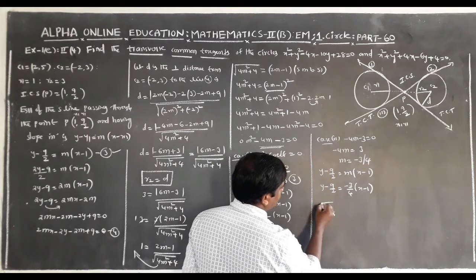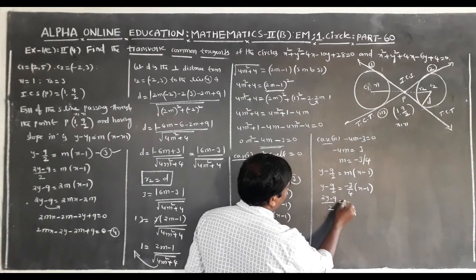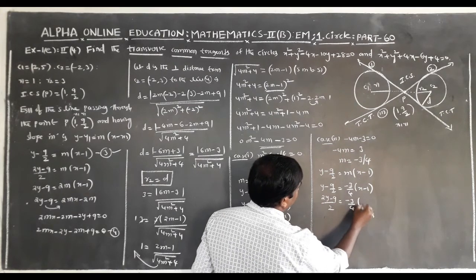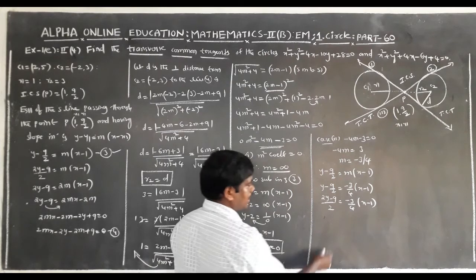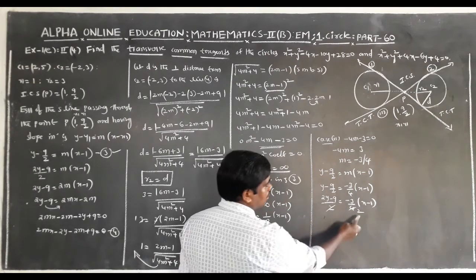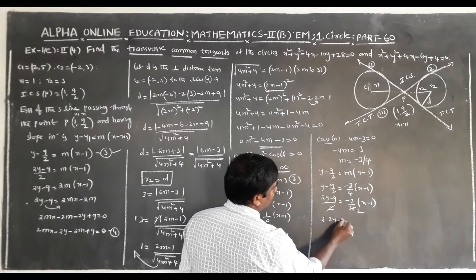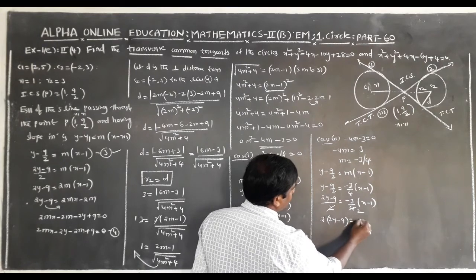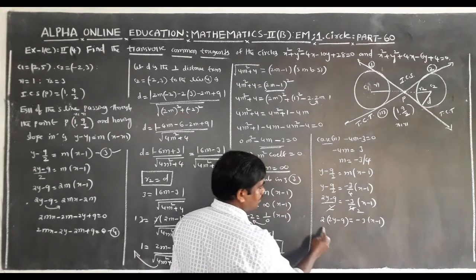Here taking LCM 2, 2y minus 9 is equal to minus 3 by 4 into x minus 1. Cross multiplication, taking 2 to the left side. 2 into 2y minus 9 is equal to minus 3 into x minus 1.